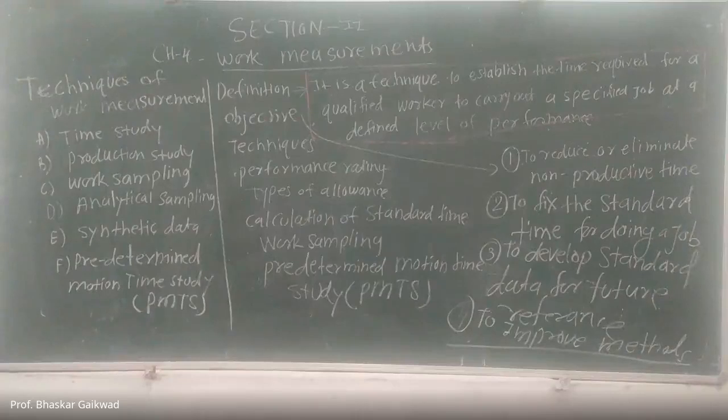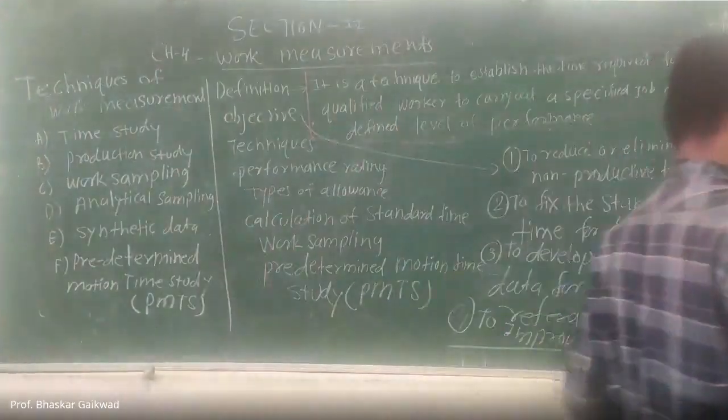As per the previous lecture, we discussed the definition, the objective of work measurement, and the importance of work measurement. This is very important because without work measurement we will not go for cost estimation. We will not decide how much cost is required to manufacture the product, and the profits will not be estimated accordingly.